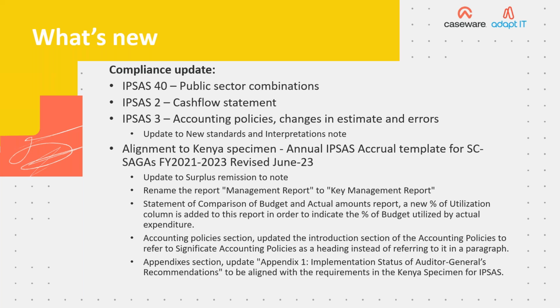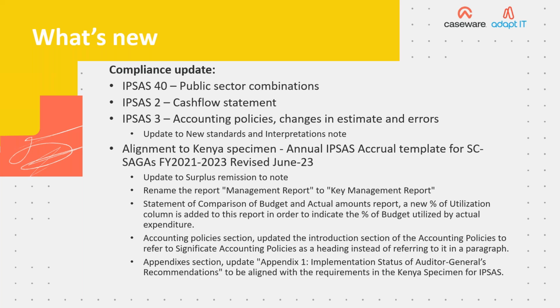Then, as I mentioned, we updated the new transportations note as per IPSAS 3. And then we have a strategic country that we also support, which is Kenya, and therefore we try to align our financial statements to the IPSAS accrual specimen that is issued by the PSASB in Kenya, the Public Sector Accounting Standards Board.